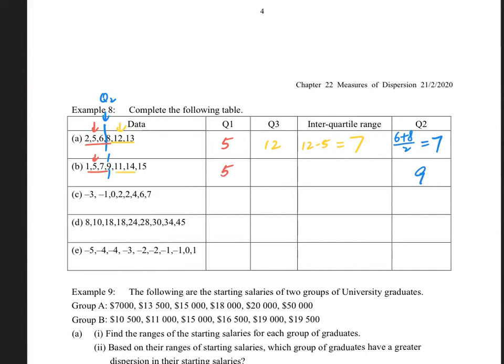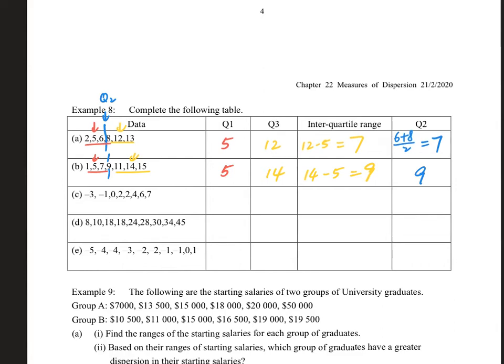On the right there are 3 data, 14 is the middle one, and Q3 is 14. The interquartile range will be 14 minus 5, which gives you 9. It's not easy, right? So you need to read the numbers in the question very carefully.